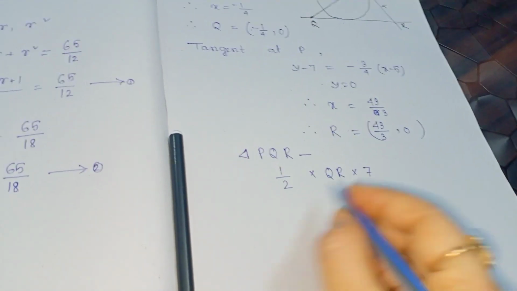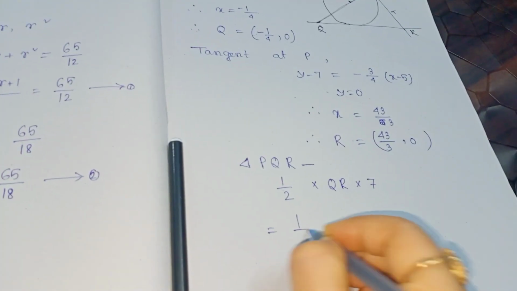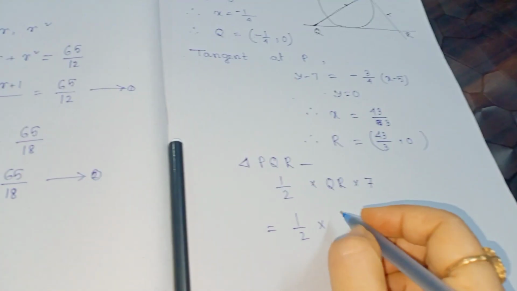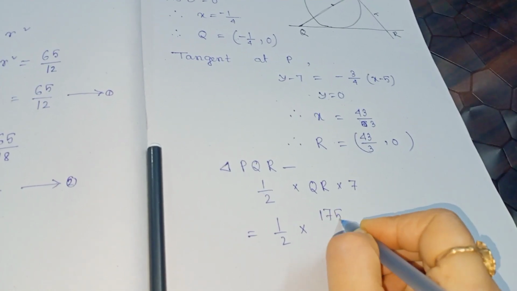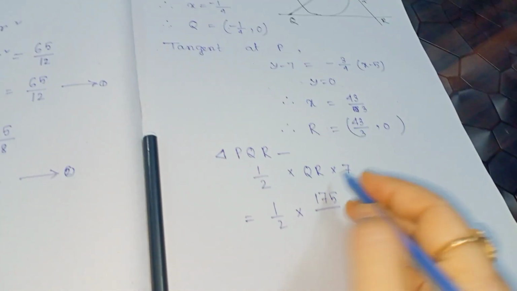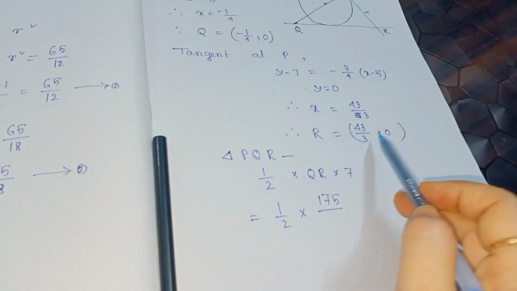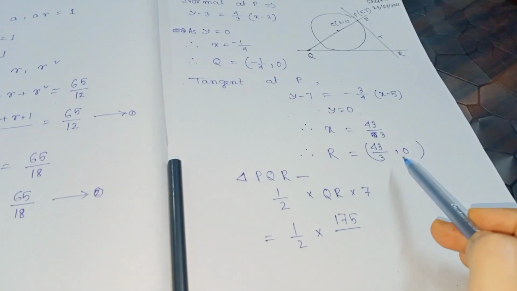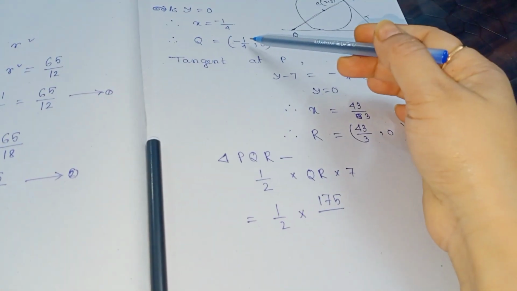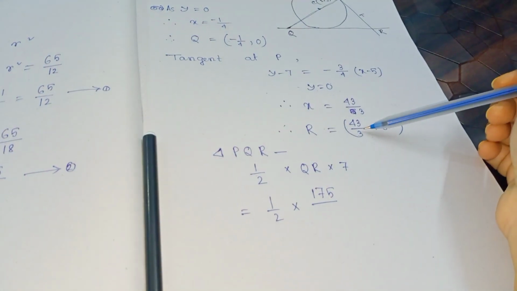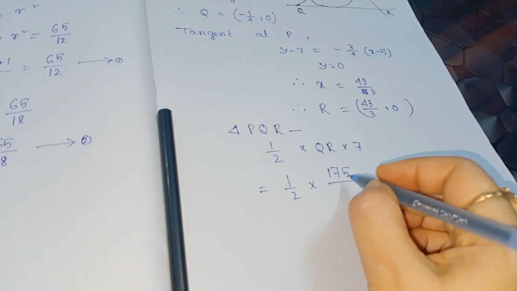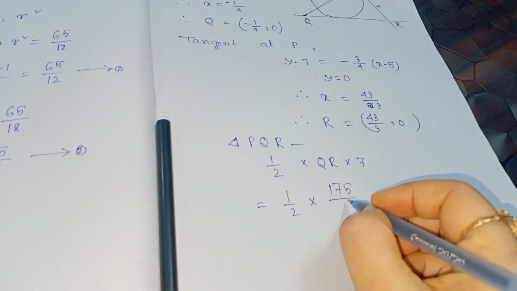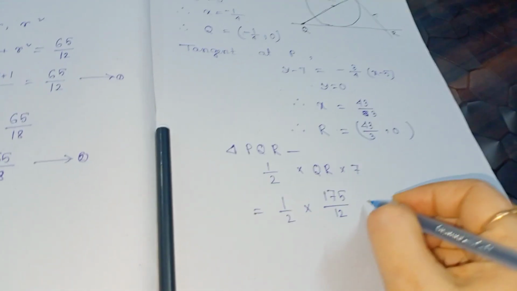So it is half into QR into 7. The distance between Q and R, we know the coordinates, so after calculating we get QR is equal to 175 by 12.